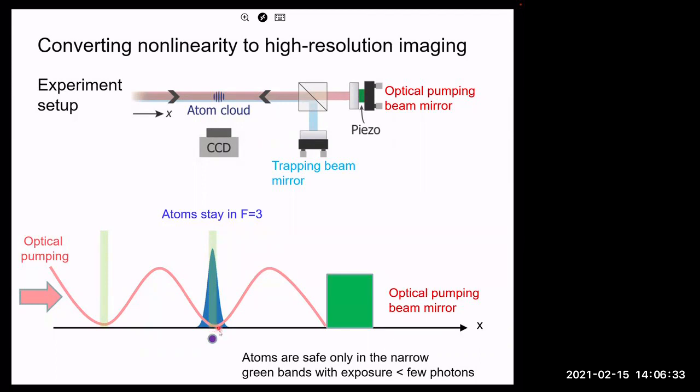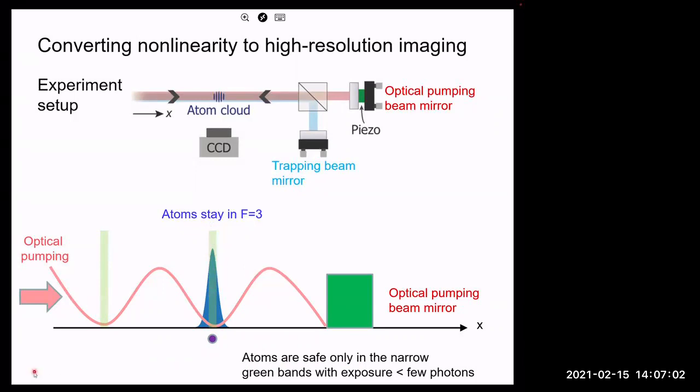If we can align the node exactly with the atoms, in principle, the atom will stay. Then you will see no excitation. Okay. All right. So to conclude, atoms are safe within this narrow window. I use this green band. This green band is the spatial region where the atom does not even see 3 photons.